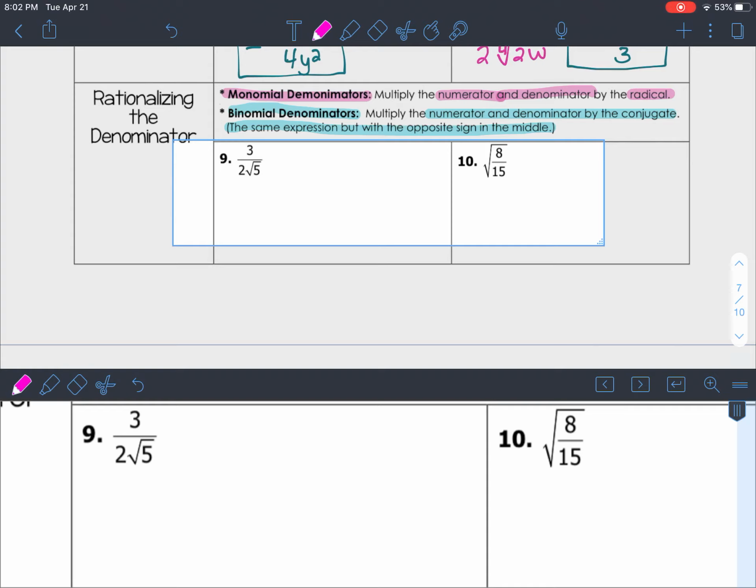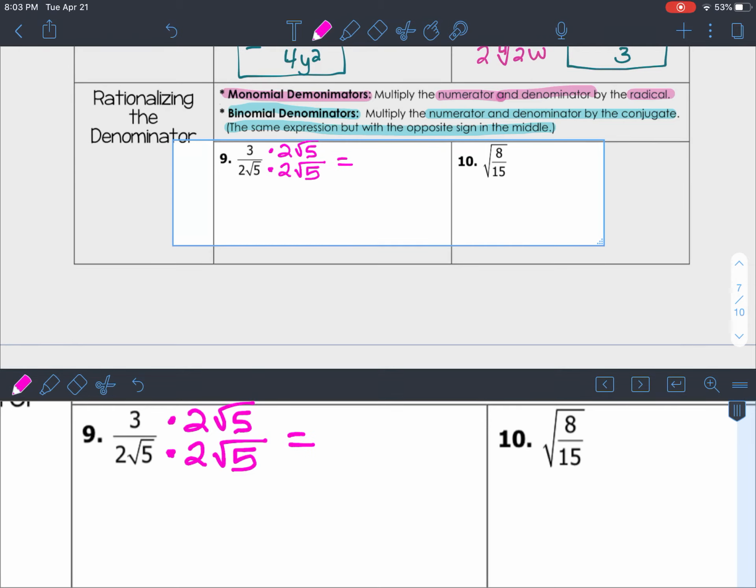With number 9, as you can see, this is a monomial denominator. There's only one term on the bottom. So what we do to get rid of that, I want no radicals on the bottom, I'm going to multiply both the top and the bottom by whatever my denominator is.